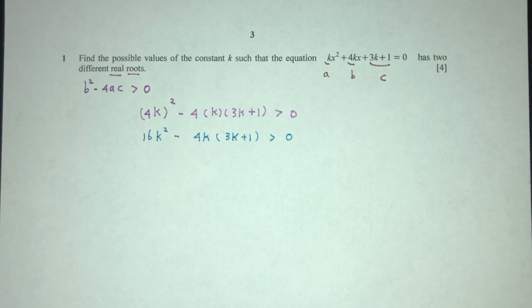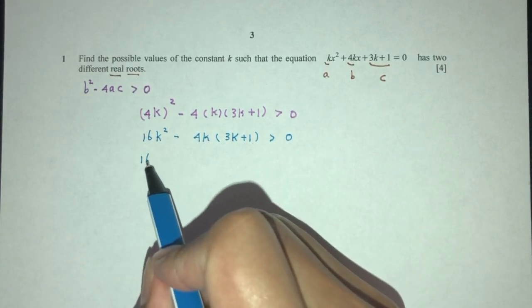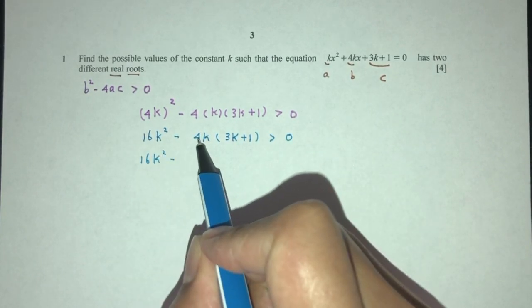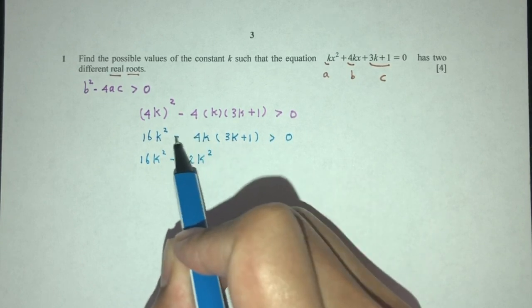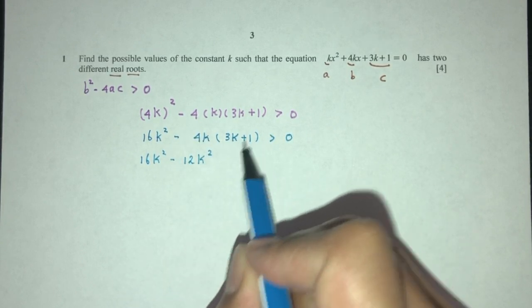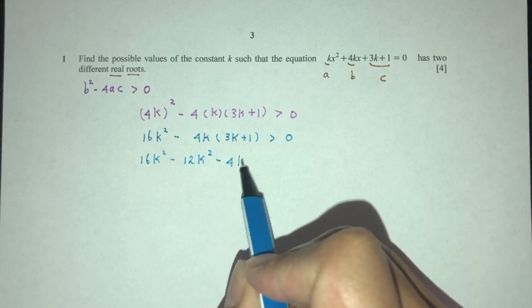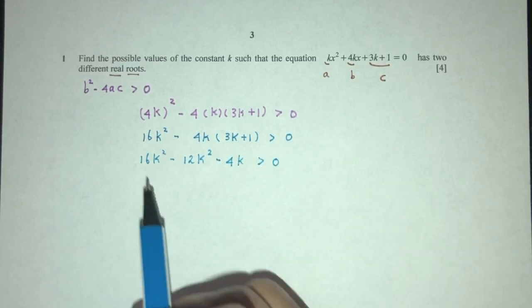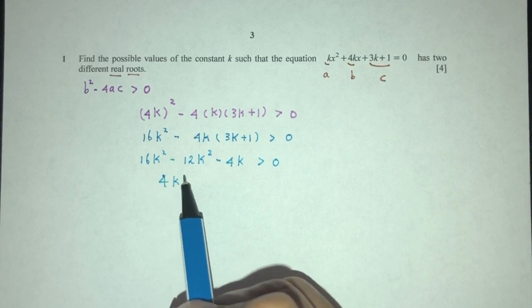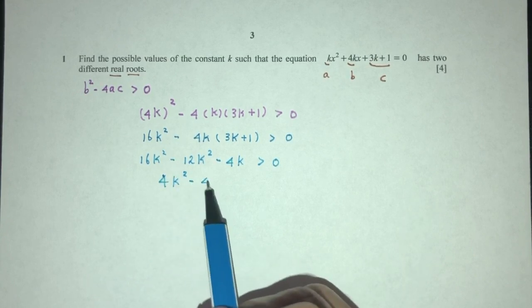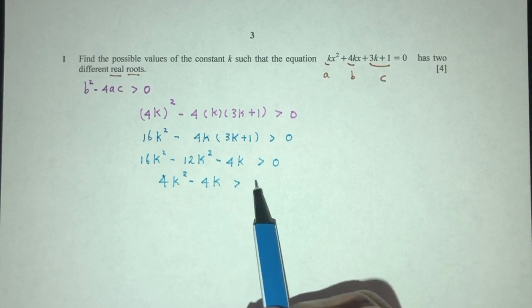Let's keep simplifying. That will be 16k squared minus, so 4 times 3 will be 12, k times k will be k squared. Now, minus 4k times plus 1, that should be minus 4k. Now, simplify. 16 minus 12 should be what? 4k squared, obviously, minus 4k has to be more than 0.